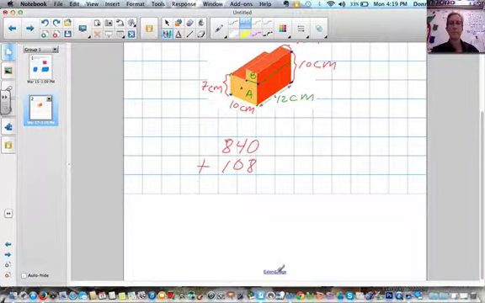There you go. And I just add those up, and I end up with the total volume equals 948 cubic centimeters.